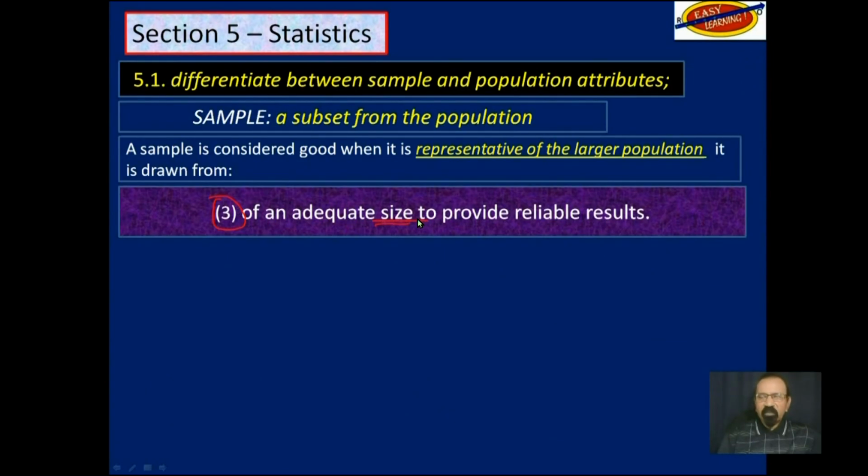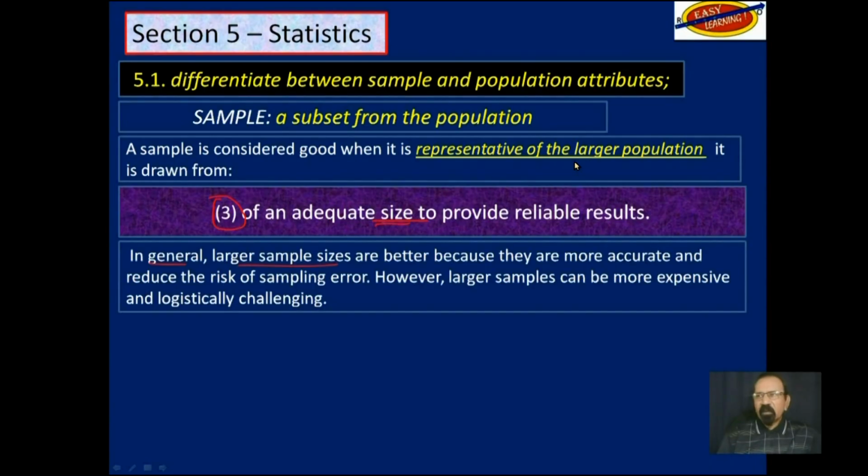Whatever the population is, you have to get a reasonable size that represents that population. In general, larger sample sizes are better because they are more accurate and reduce the risk of sampling errors. However, there is a downside. Larger samples can be more expensive and logistically more challenging.